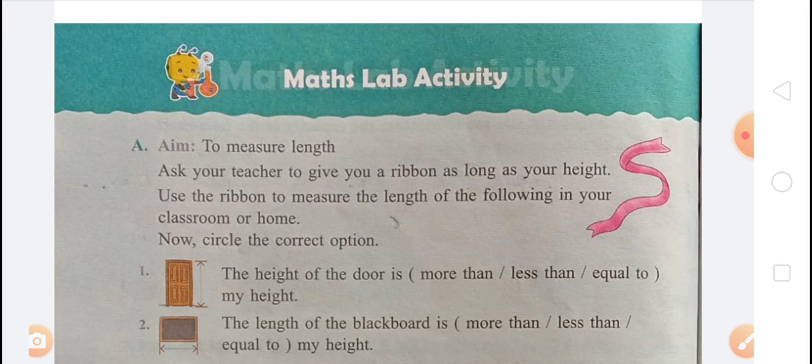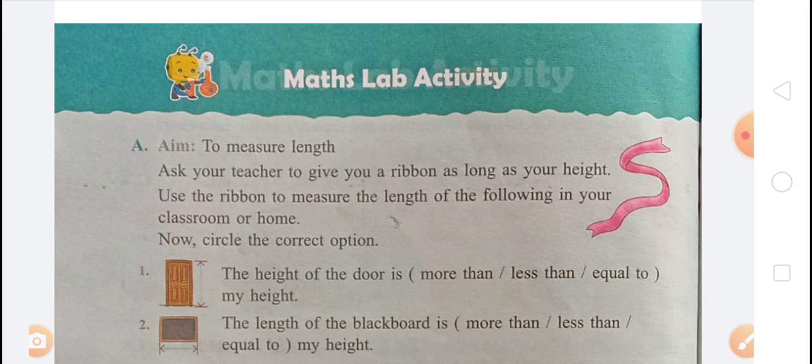We use milliliter to measure small quantities of liquid, and we can measure the quantities these containers can hold in milliliters. The short form of milliliter is ml. Next one is liter. Liter is a bigger unit of capacity, and we use liter to measure large quantities of liquid. We measure the quantity these containers can hold in liters.